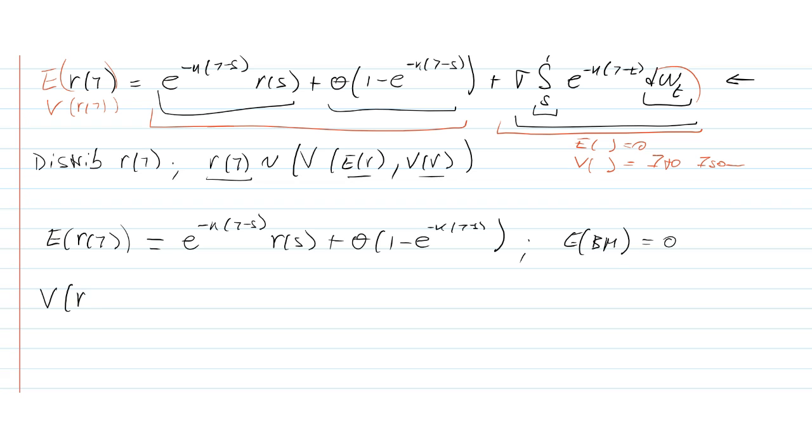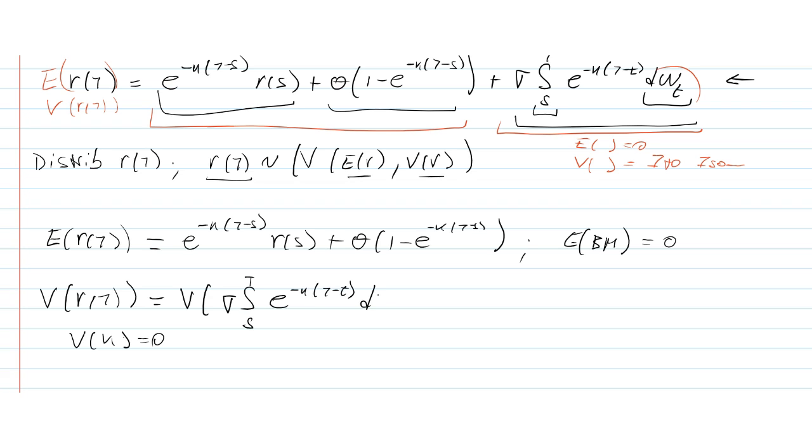Now for the variance of this, just remember that the variance of k, of any deterministic term, is 0. Variance of 5 is 0. Variance of a number is 0. So I'm just going to leave the variance of the stochastic part.